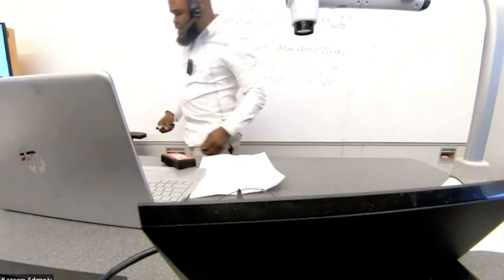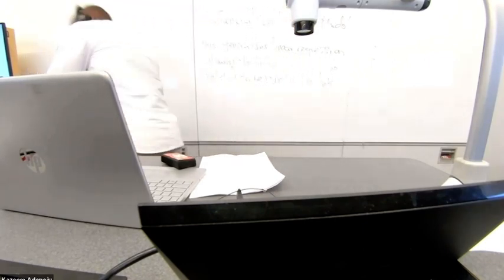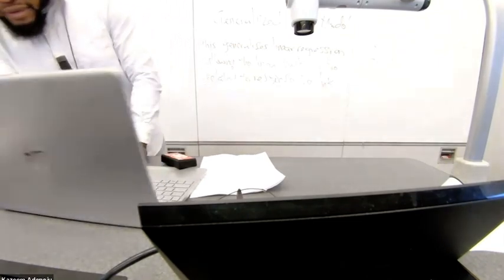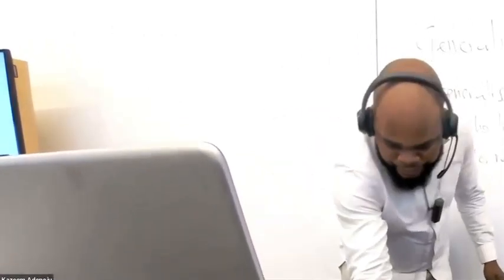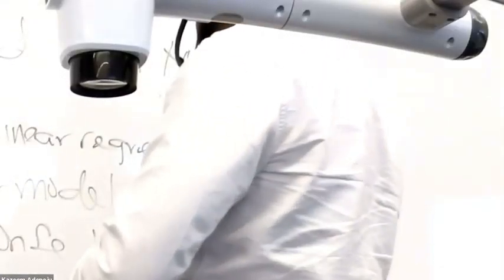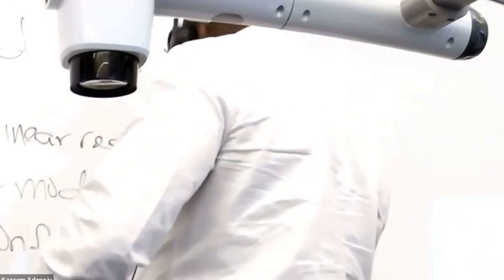Let me see if I can get another marker. I think I'm going to manage. Can you see what I'm writing on the board, right? Now, via link function. What is the function of a link function?